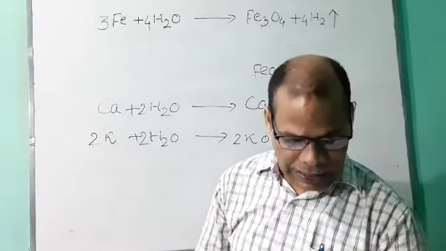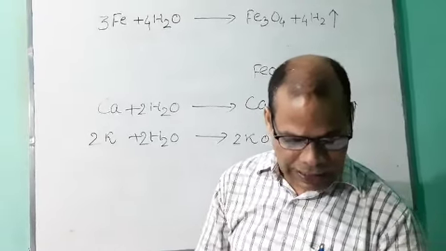Now the next question is, what would you observe when zinc is added to a solution of iron 2 sulfate? Write the chemical reaction that takes place. In an aqueous solution of iron sulfate, add zinc metal.